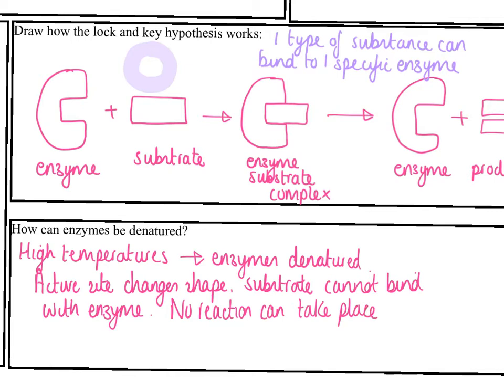So if we see it on a graph, we tend to see it as my graph, and we go up and then it goes back down. And it starts to denature from around 40 degrees, okay, the enzymes will become denatured. So it'll decrease, all the way up until no reaction can take place, because every single enzyme is denatured.